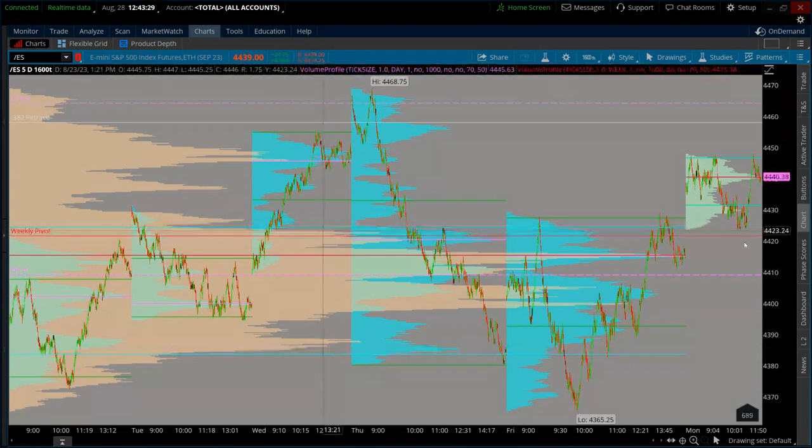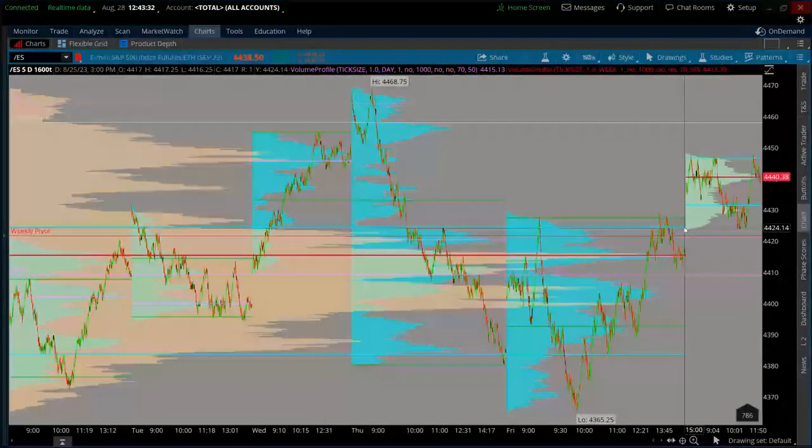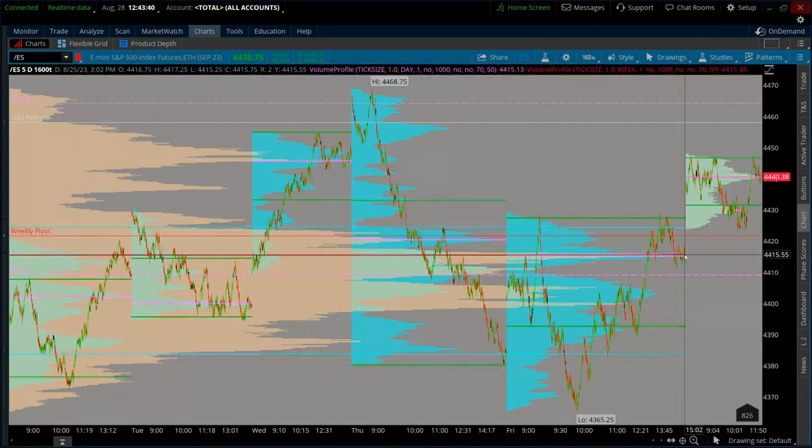So I know that, for instance, very interestingly, today, the low of today was last week's weekly value area high. Had it gone any lower today, I certainly would have been anticipating, in fact at one point I was, that it would trade down to 14 or 15, which was last week's weekly point of control and was last session's daily point of control.